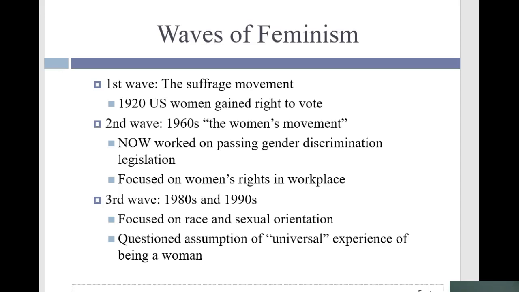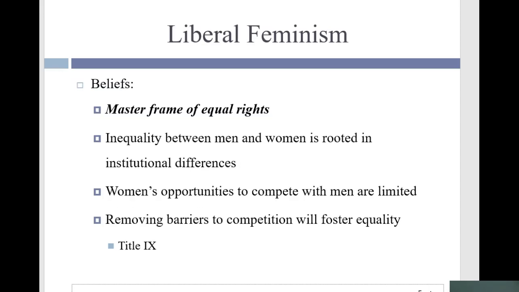Part of that is the difference in the type of jobs they do, and part of that is related to paying them at a lower level, even though it is not legal to do. And so we have things like the Lilly Ledbetter law.